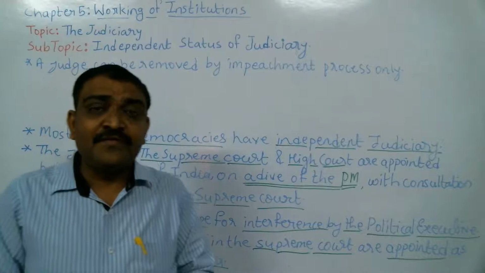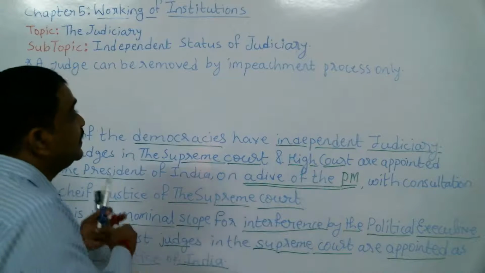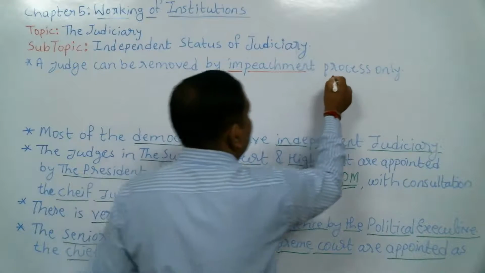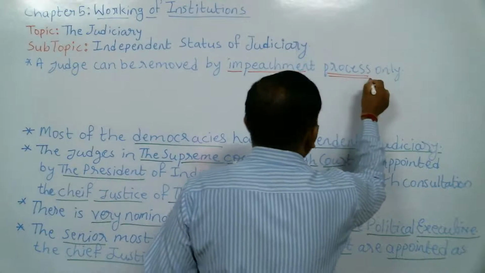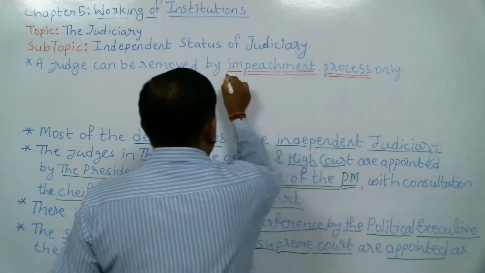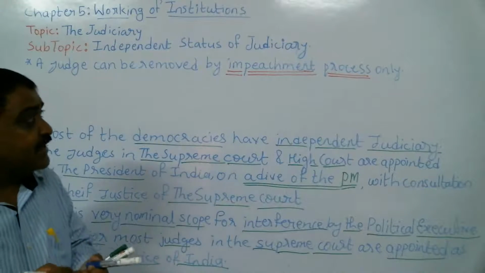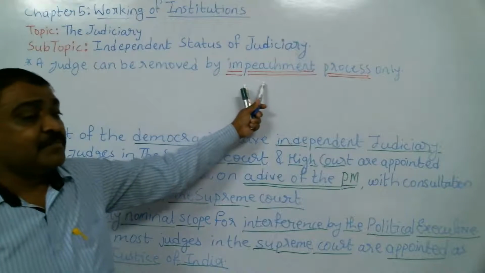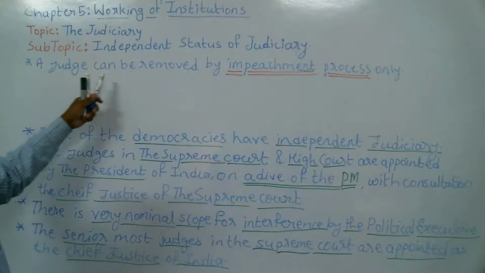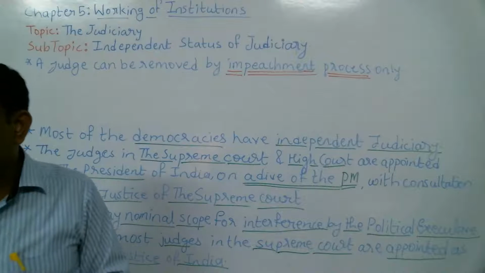The name of the procedure as per the language of the constitution is impeachment process. That is basically the impeachment motion or impeachment process. Constitutional की language में इस process को एक special term से पुकारा जाता है, and what is the term? Impeachment process. So a judge can be removed by impeachment process only.